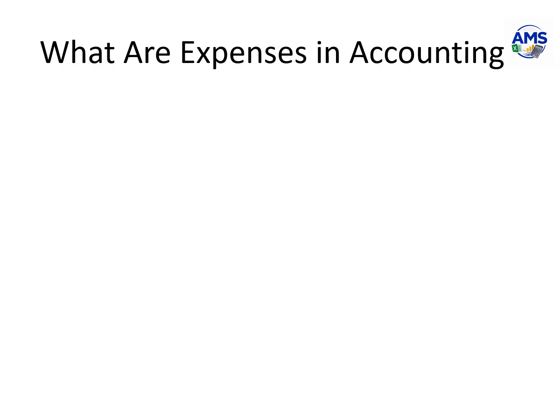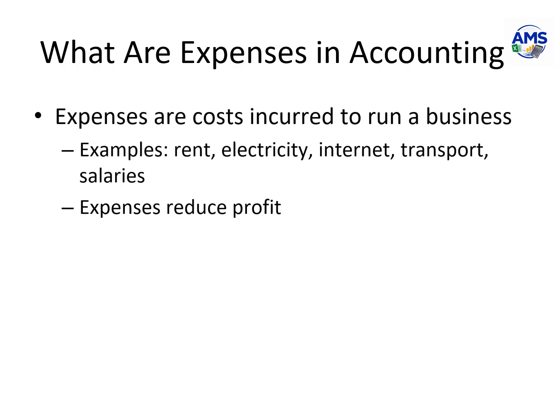Let's now look at what expenses are in accounting. An expense is any money you spend to run your business or work. The cost you incur to run your business.